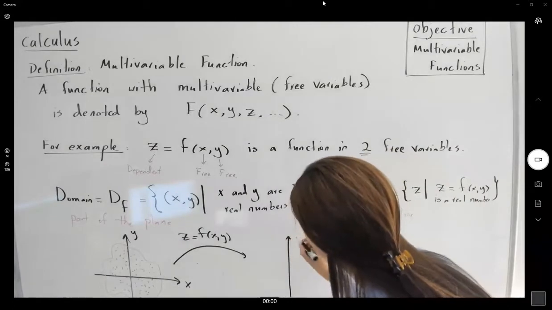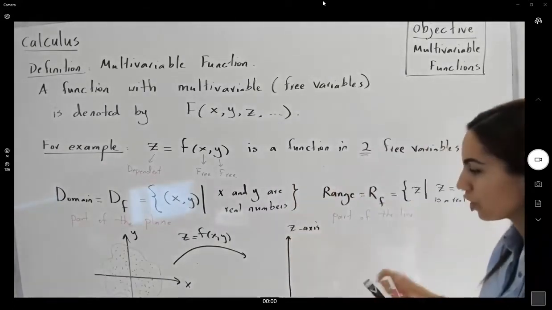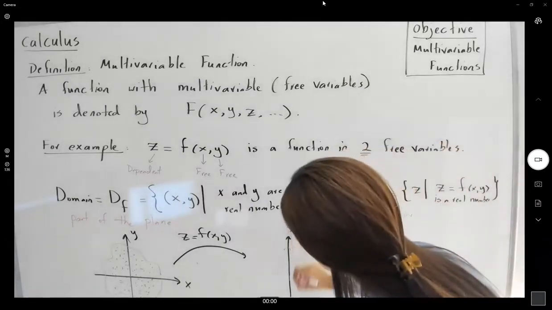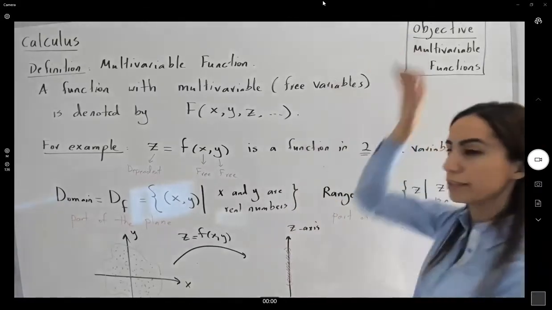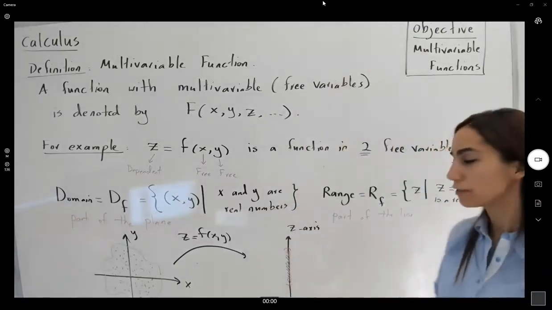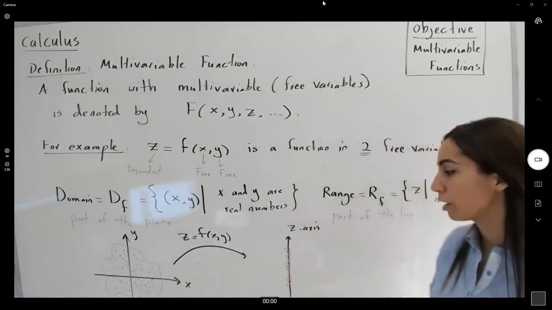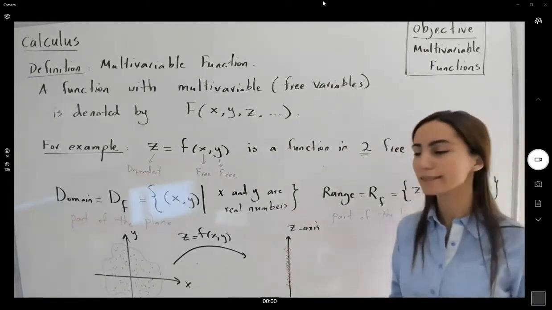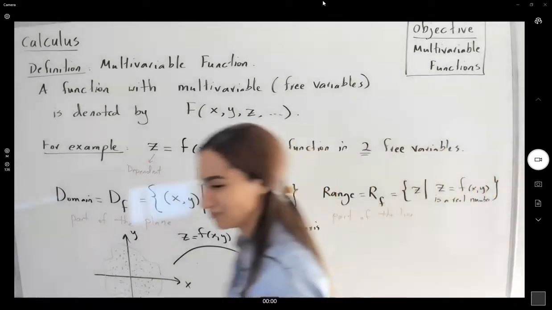It's just part of the line. It might be the whole line itself, negative infinity to positive infinity. It might include some part of the interval, closed interval, half closed interval, depending on the definition of your function.